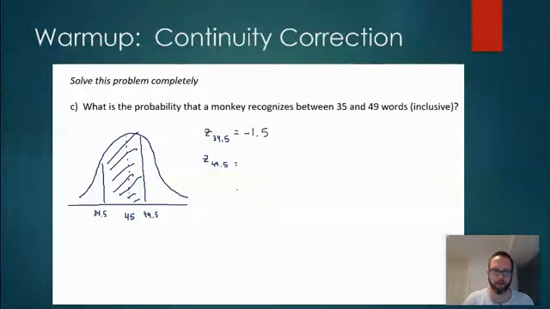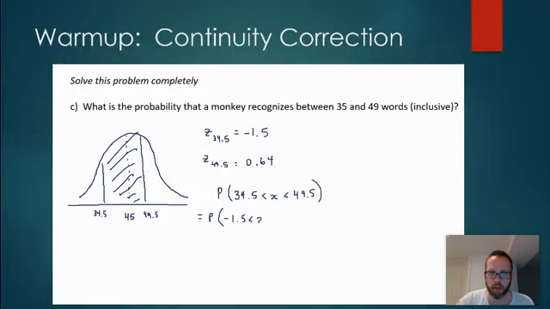And 49.5. 0.64. So the probability that our value is between 34.5 and 49.5 is equal to the probability of these z-scores being between negative 1.5 and 0.64.